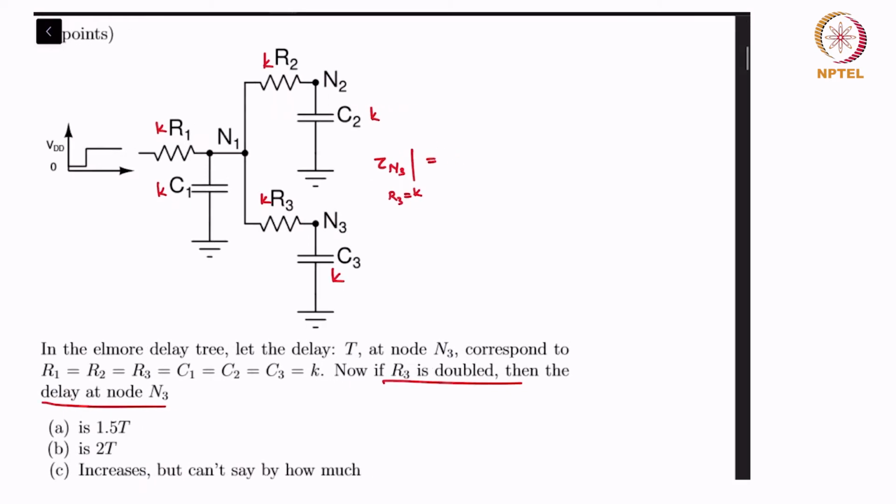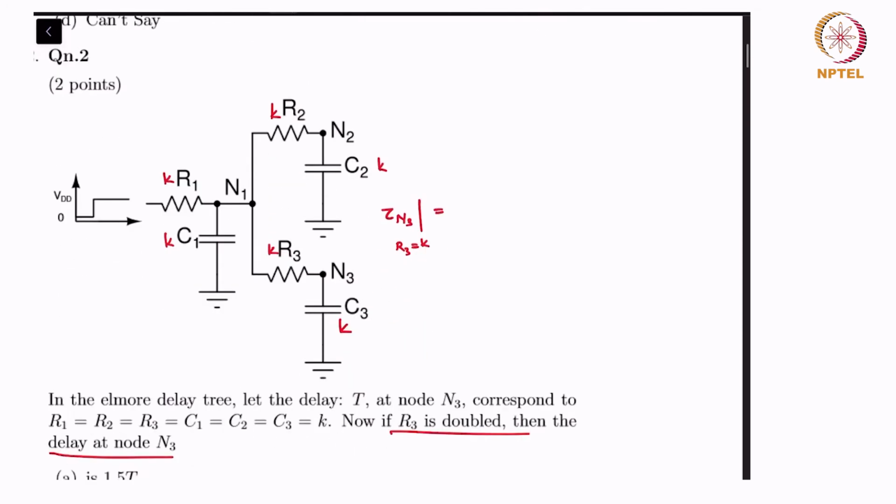This will be by the Elmore delay model. We'll have to first list our capacitances C1, C2 and C3, and then the resistances on the path to N3 and the path to C1. In this case, there's only one common intersection, so that's R1. Similarly for C2, the path to N3 and the path to N2, there's only one intersection in the form of R1.